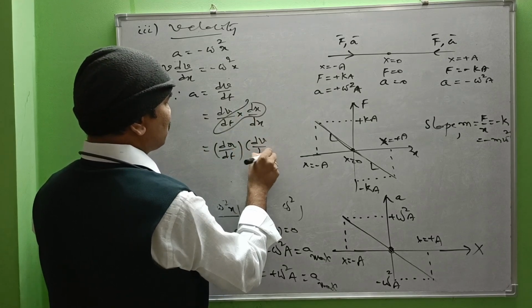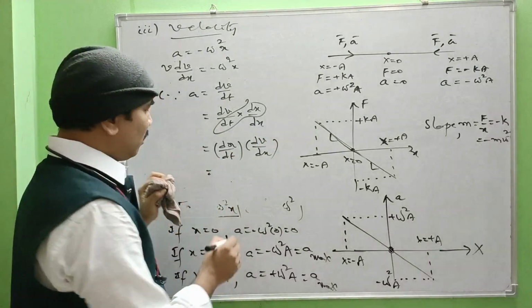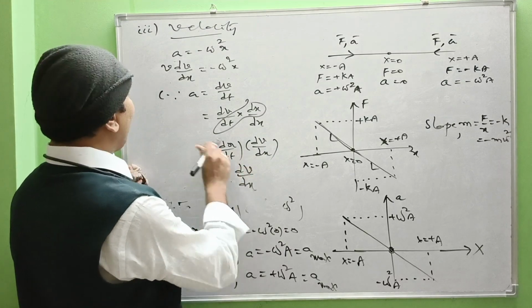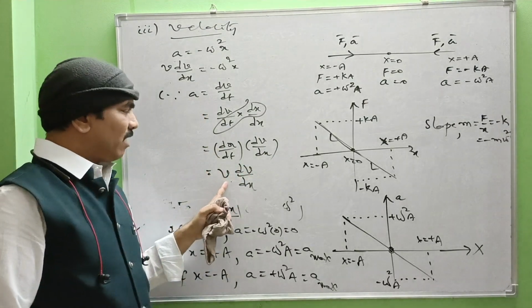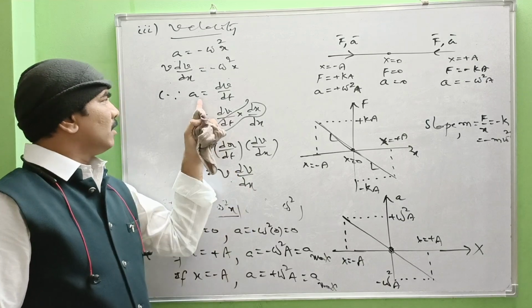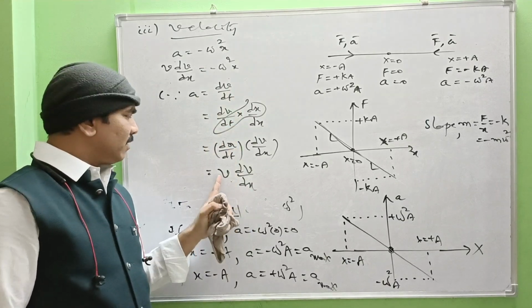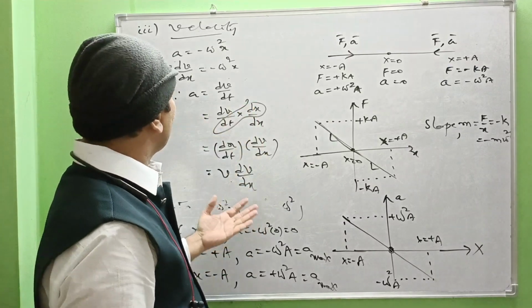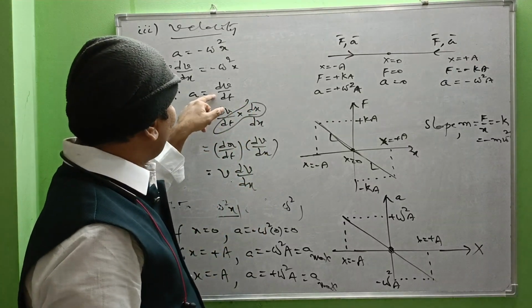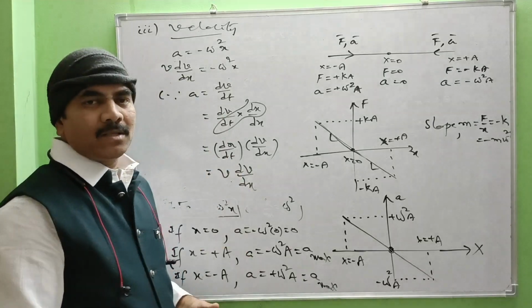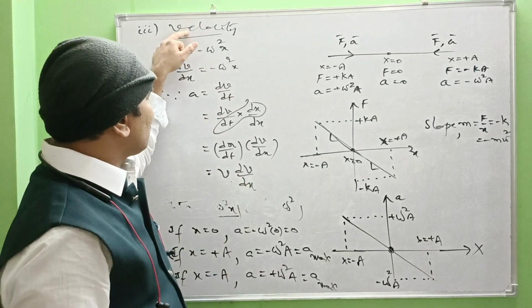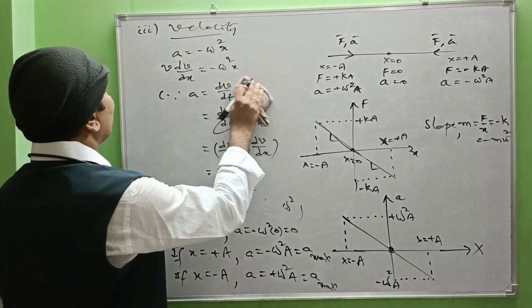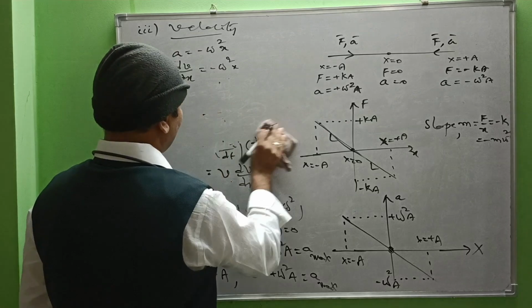Dx by dt means velocity. So acceleration also equals velocity into dv by dx. As per the situation, one can take dv by dt, otherwise v into dv by dx. Here we need the variation of velocity with position, so a should be replaced by v into dv by dx.